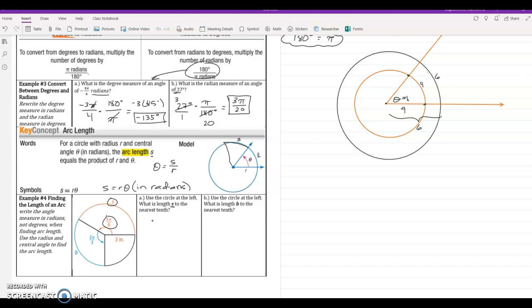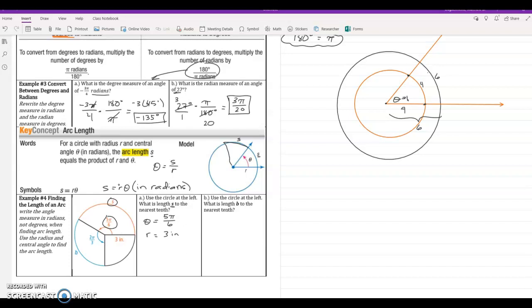So I'm first going to identify theta. I'm going to check that it's in radians. It is. If it was in degrees, I would have to convert it. So theta is equal to 5 pi over 6. And then the other thing I need is my radius. So of the numbers in this figure, the one measuring distance here, the 3 inches, that's the distance from the center of my circle to any point on the perimeter. So that's my radius, 3 inches.